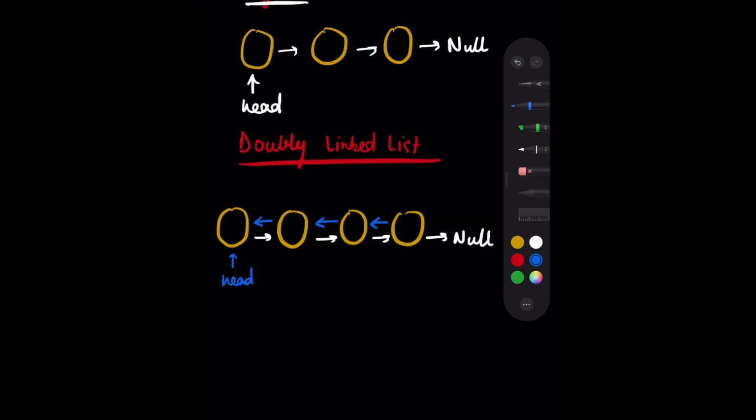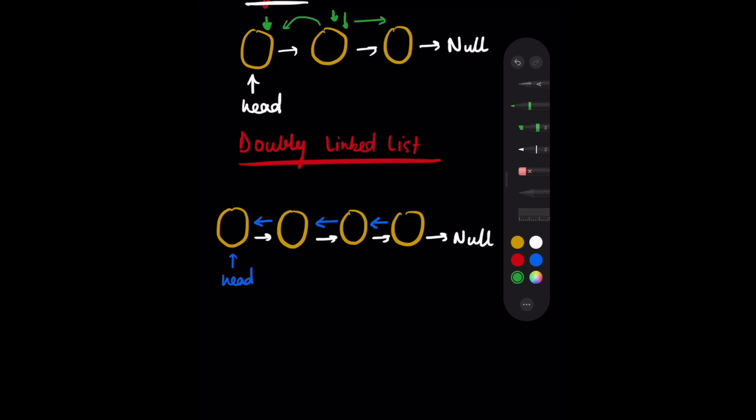Now, the advantage of a doubly linked list over a regular linked list is that in a regular linked list, we can only move in the forward direction. So when I'm at this particular node, I can only move to the next node. I cannot move to a previous node. There's no way I can go to the previous node.